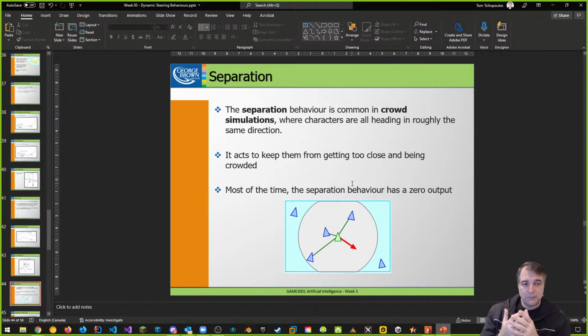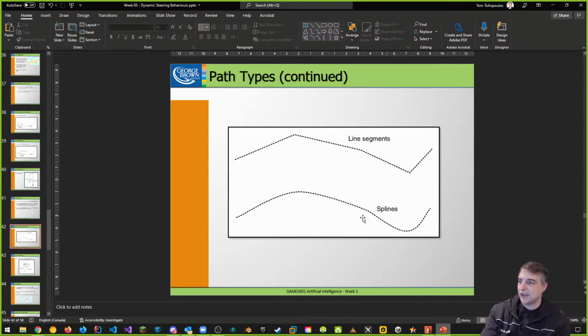Or think about some kind of racing game. I want the autonomous agents, as best as they can, to keep a separation from each other. If they crash into each other, they should take damage. In a proper racing simulation, that's path following, going back up to here. Imagine I have a path I want to follow in a race game, using a spline of some kind, with multiple agents running around the spline.